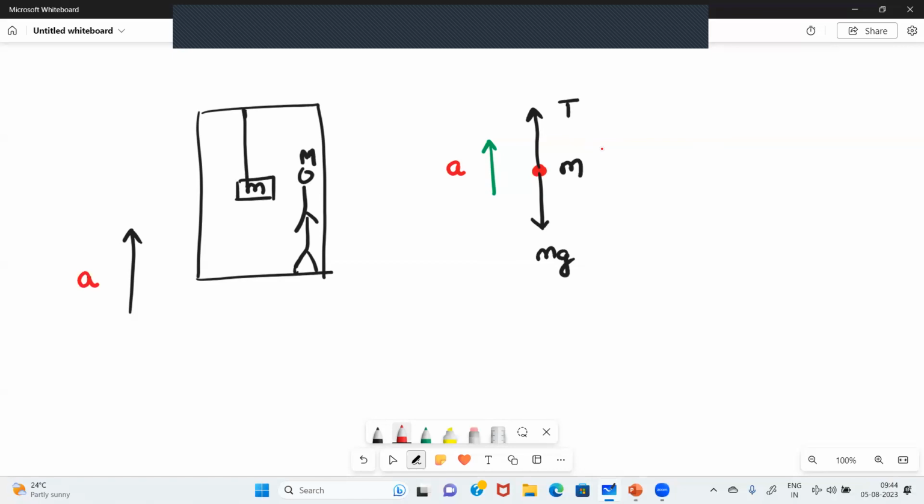Okay, now are they opposite in nature or are they supporting each other? Tension and Mg. Opposing, right? So should you subtract them or add them? Subtract them. So is it Mg minus T or T minus Mg? T minus Mg. Very good.